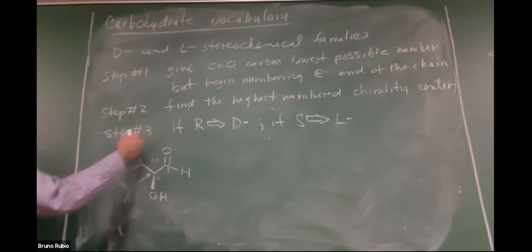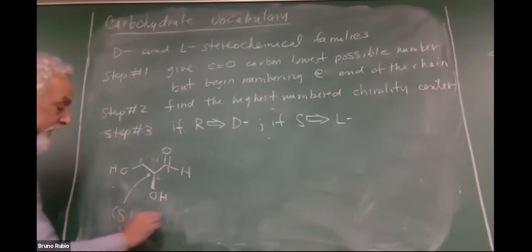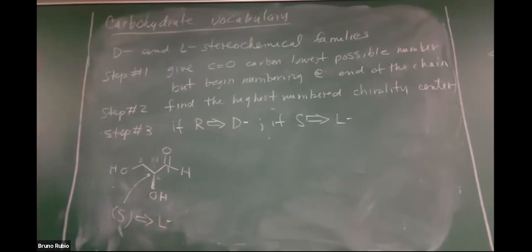That's a counterclockwise sweep. So the highest numbered chirality center is S. That means that this belongs to the L stereochemical family, and this sugar is called L-glyceraldehyde. But that's not important.